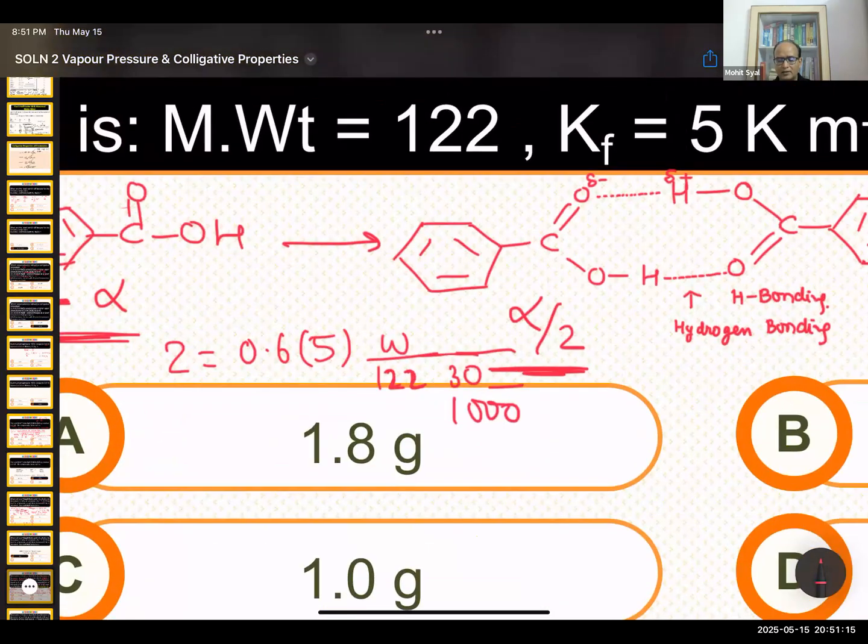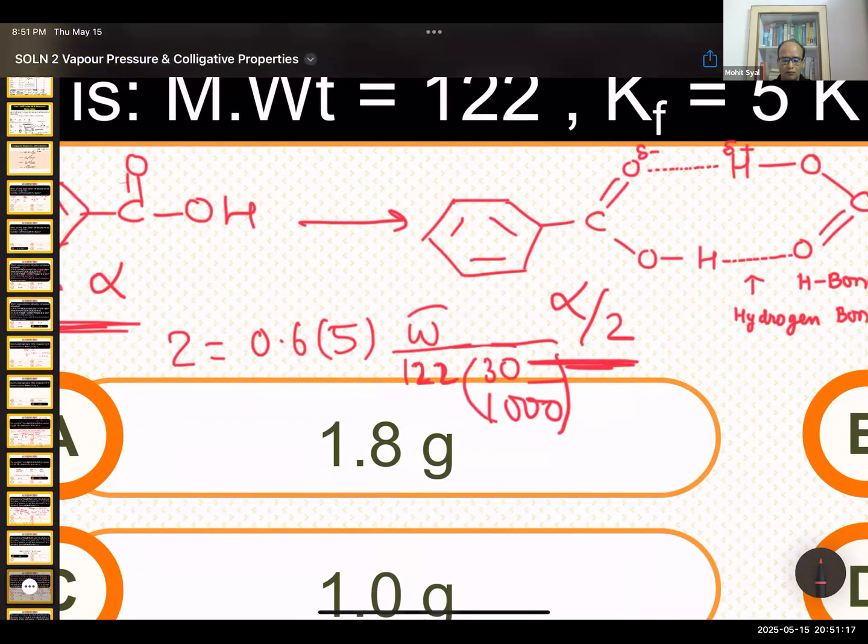Got it? This is the calculation part: moles, mass of benzene, Kf, i, delta Tf. But first, always make it a habit to write the formula, so you don't lose the marks.